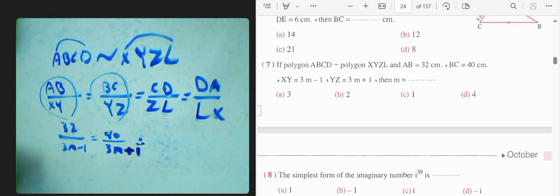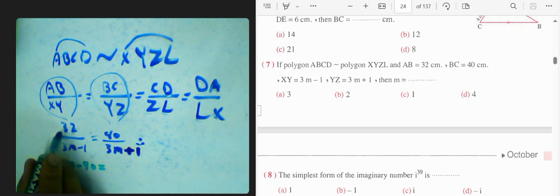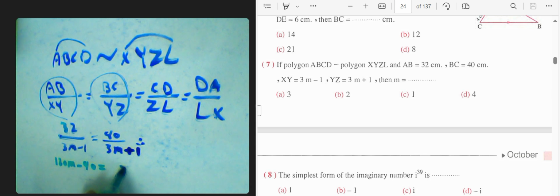But you can do the product as usual and say 40 times 3 will be 120m subtracted by 40 times 1 equal 40. 32 times 3, 2 times 3 is 6, 3 times 3 is 9, m plus 32.